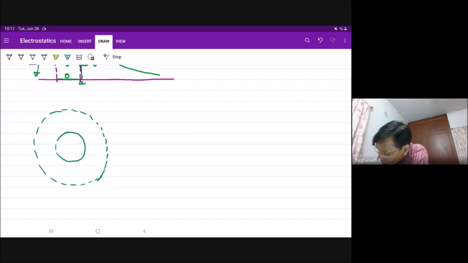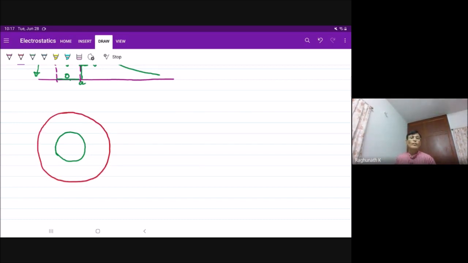Two concentric surfaces, spherical surfaces of radii a and b. System of conductors. Let there be positive charge on this.